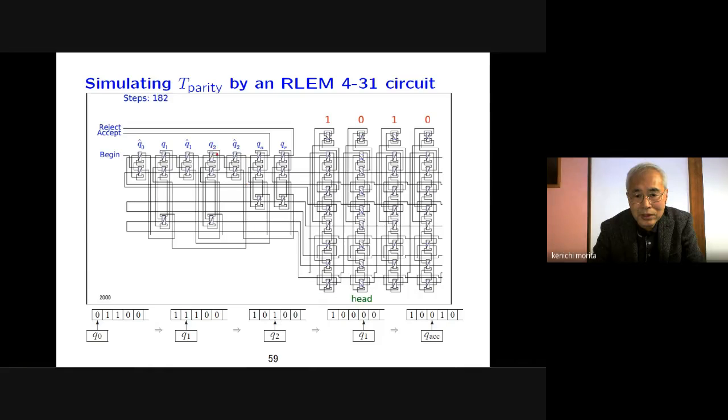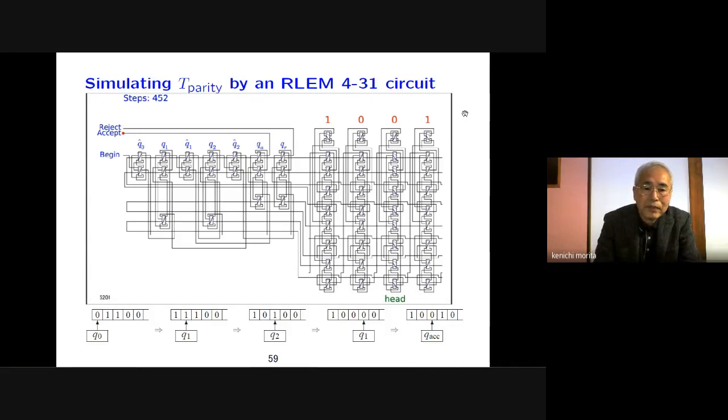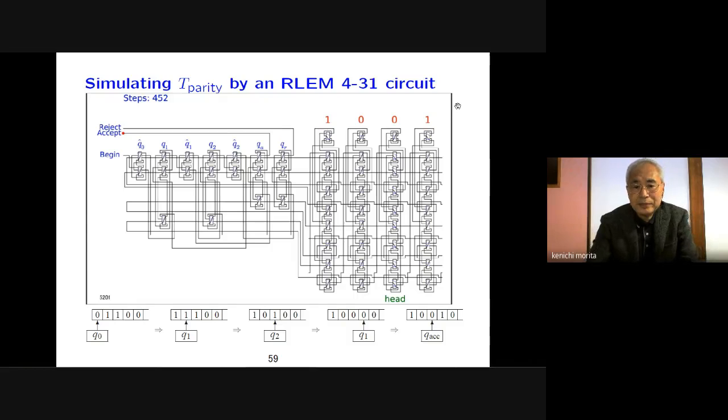But it takes very much time. Therefore, the middle part is fast forwarded. Anyway, finally, a signal appears from the accept port. In such a way, any reversible Turing machine can be implemented by RLEM 431.